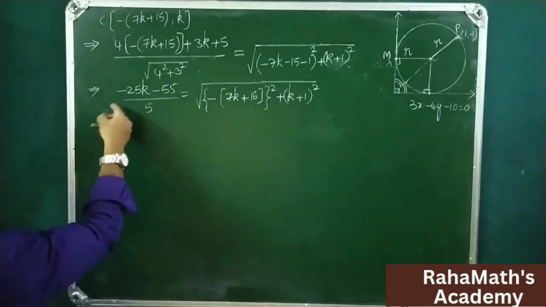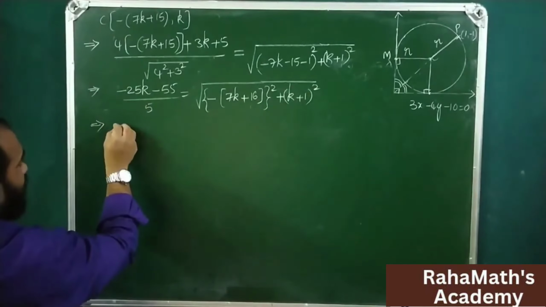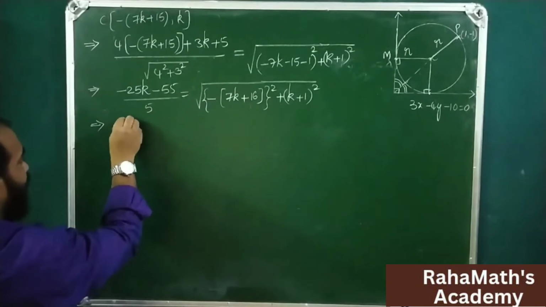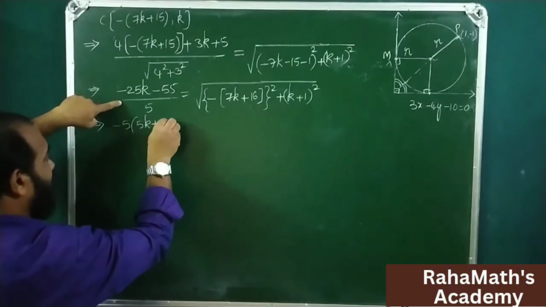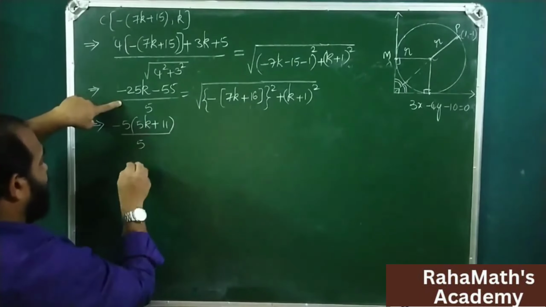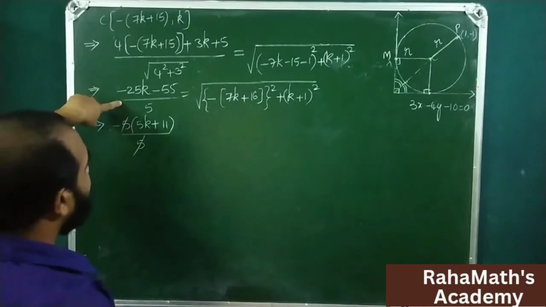So if you take 5 as a common factor here, so minus 5 if you take common, so 5k plus 11 by 5. So this 5 gets cancelled.